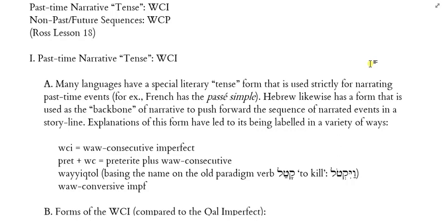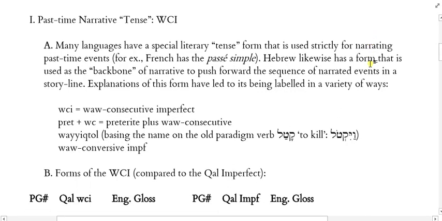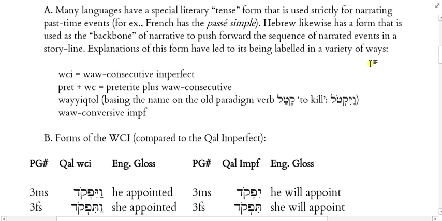Explanations of the form as we have it have led to its being labeled in a variety of ways. And so you will see this described or at least abbreviated as a WCI form, which stands for Vav consecutive imperfect. The reason for that is because we're using what looks like imperfect verb forms, the prefix conjugation pattern, with a special Vav and a special pointing of it.